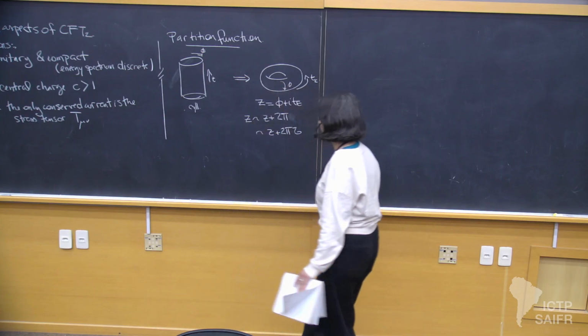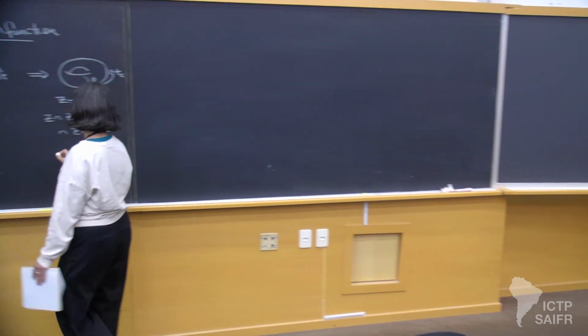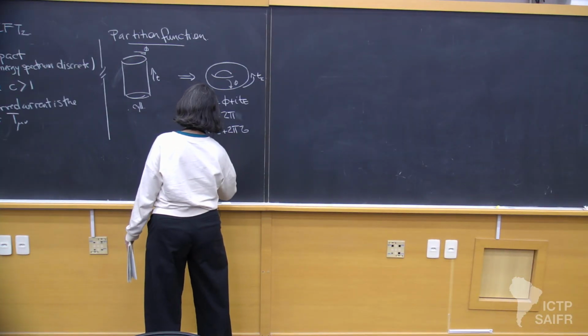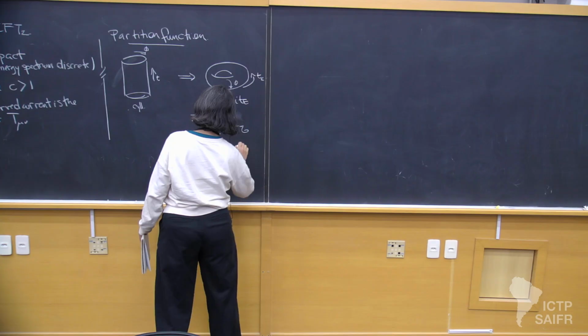This torus will be defined by those identifications, where I'm going to write tau as 1/2 pi of theta plus I beta.